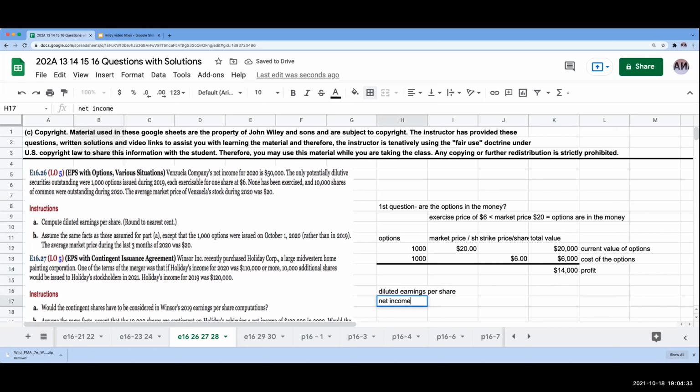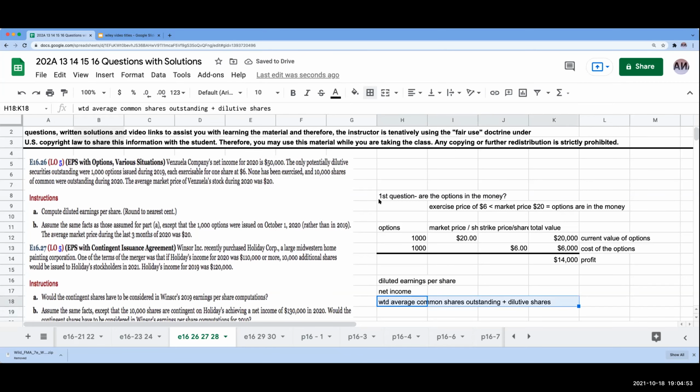This is going to be my net income, minus any preferred dividends, which is not present here, divided by my weighted average common shares outstanding, plus any dilutive shares. We already said that this is dilutive because these options are in the money. So my net income right over here is $50,000. The weighted average common shares outstanding is 10,000.